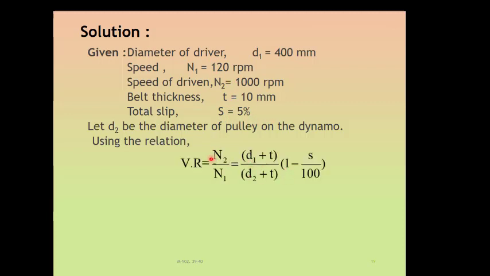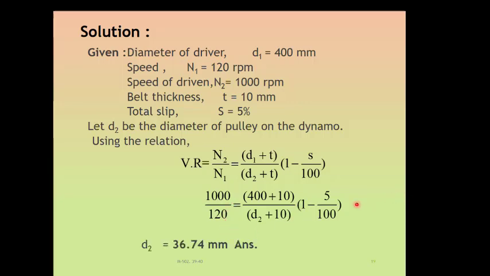Substituting in that formula, N2 by N1, that means 1000 by 120, with D1 plus T, finding D2, we will get 36.74 as the diameter of the driven pulley. I hope you understand. Thank you for the session.